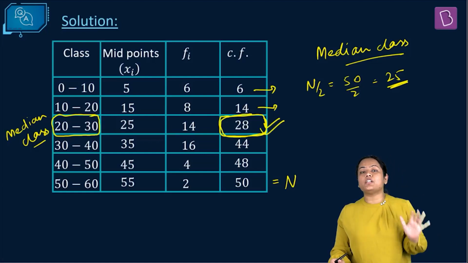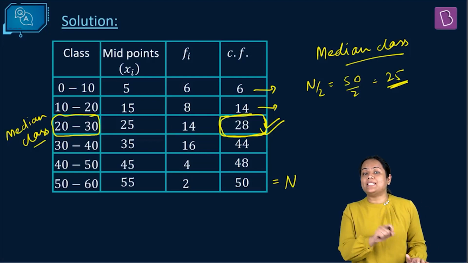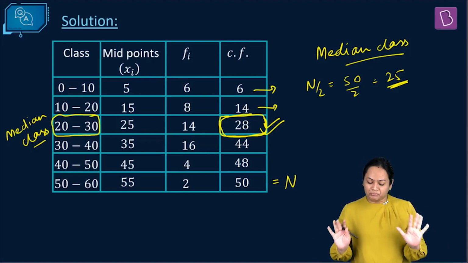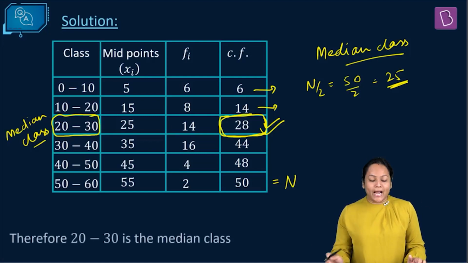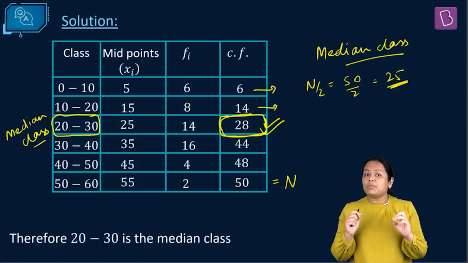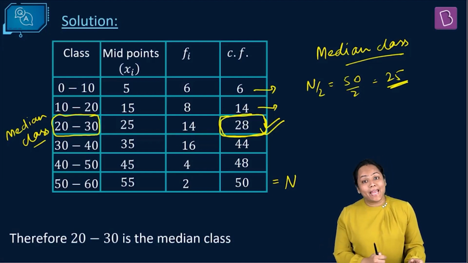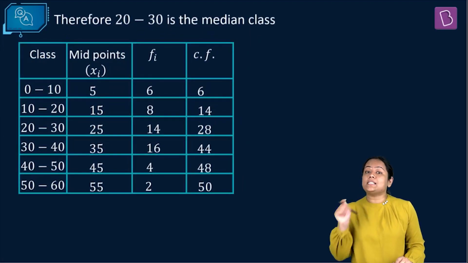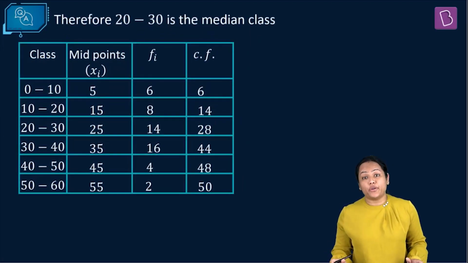And the class corresponding to this cumulative frequency is known as the median class. Understood, guys? Perfect. So therefore, I can say that 20 to 30 is the median class. So we have got the median class. Now, why have we found the median class? Well, that is again a catch over here. If we have got the median class, now I can apply the formula for median.